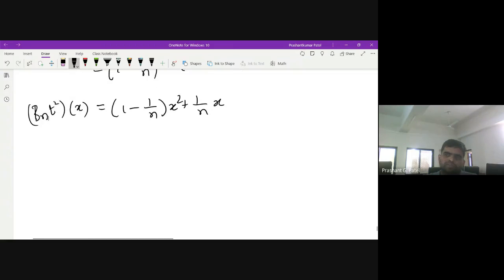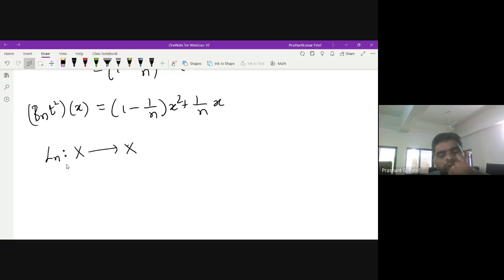Now we have to establish what the central moments are. And one should note that this Bernstein polynomial is a linear operator. What do you mean by linear operator? Let me define a linear operator. Suppose Ln is a map from one linear space to another linear space. That's why it is an operator.